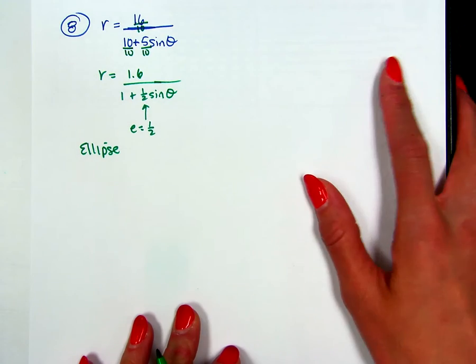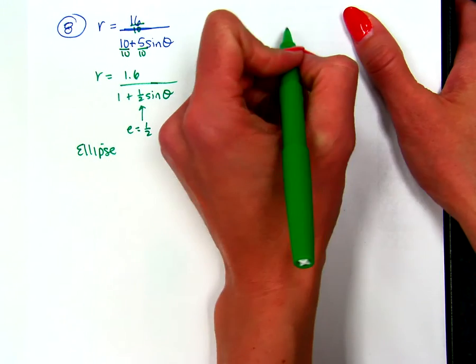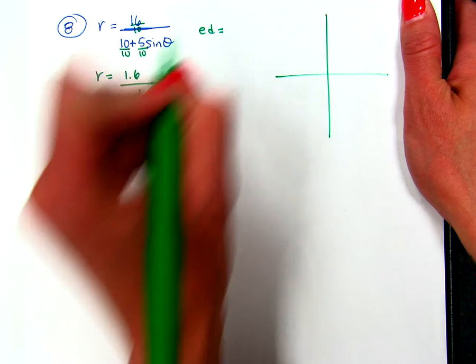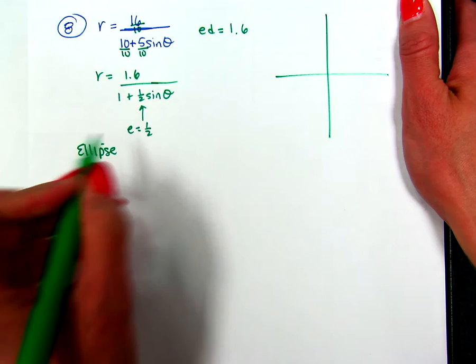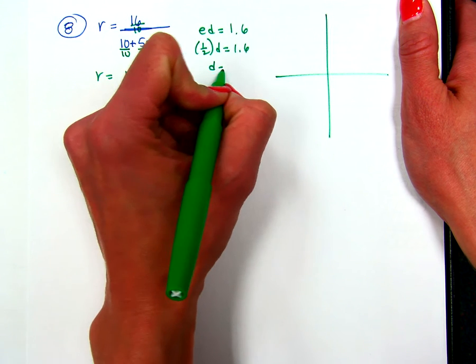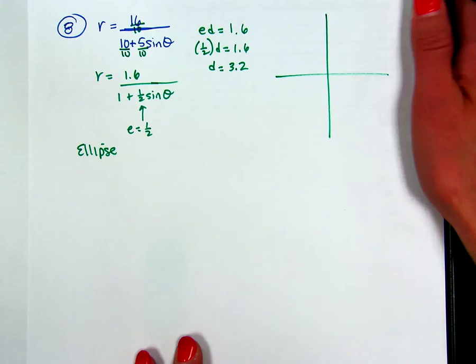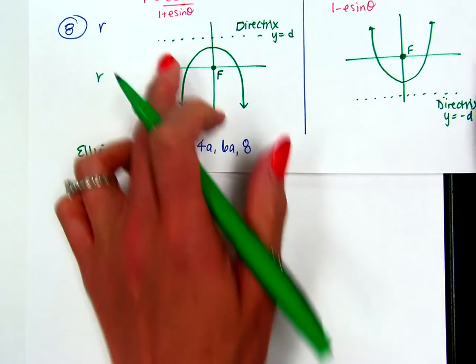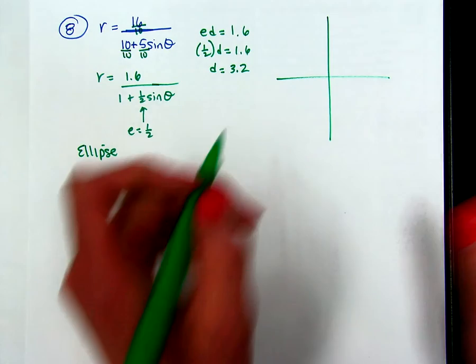And we could graph our directrix. I think that would be helpful. So e times d is going to be equal to 1.6. If I know that e is equal to 1/2, then if I multiply by 2, I get d to equal 3.2. And then according to this generic equation, the directrix is horizontal, and it's y equals 3.2.